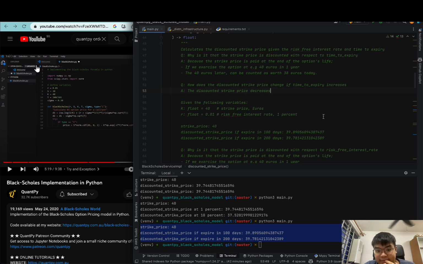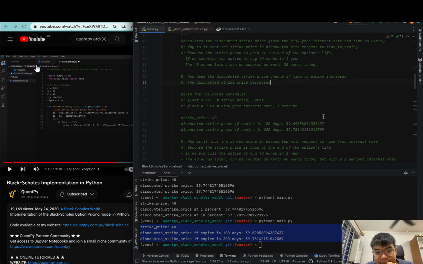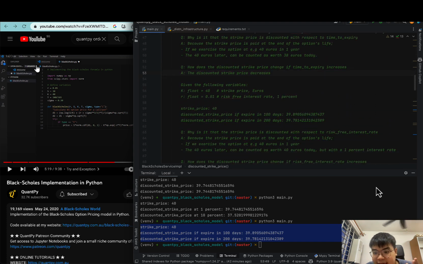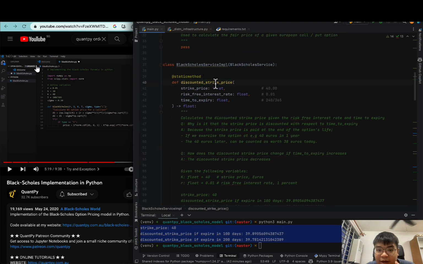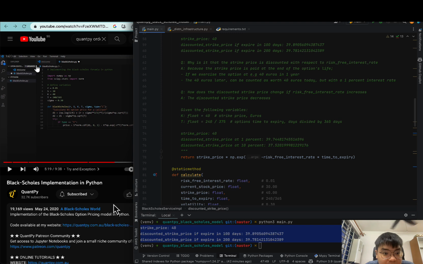But why? So we were able to understand how discounted strike price behaves empirically by testing the formula out.